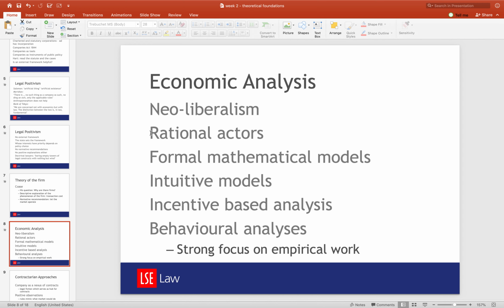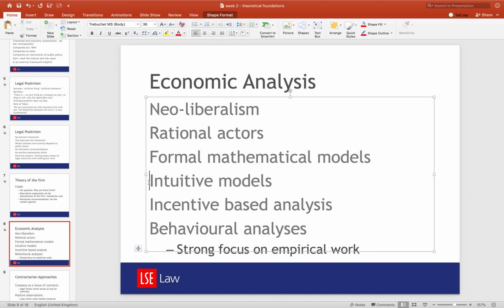The assumption is that people are rational actors, and a later stage development of it are formal mathematical models. So these are ways of analyzing interactions using mathematical models. In the context of our field, there are some of those, but they're much more frequently intuitive models.